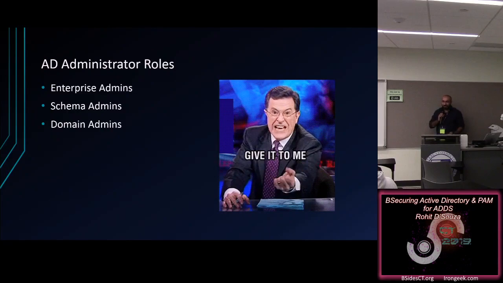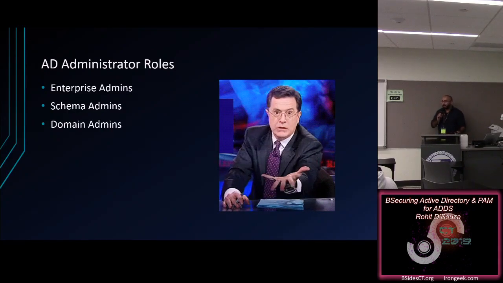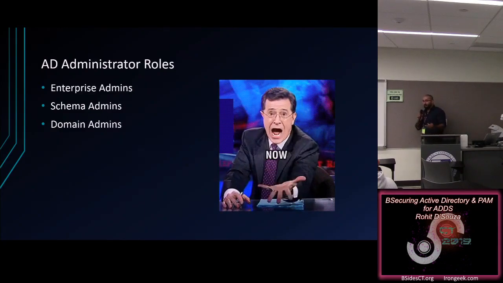You're looking at, let's just get this done, let's close out this ticket, we'll make them a local admin, or worst case scenario, you make them a domain admin if they're an engineer, and then voila, everything works.